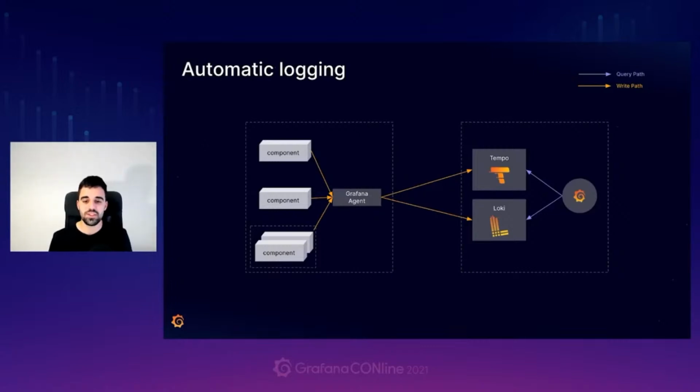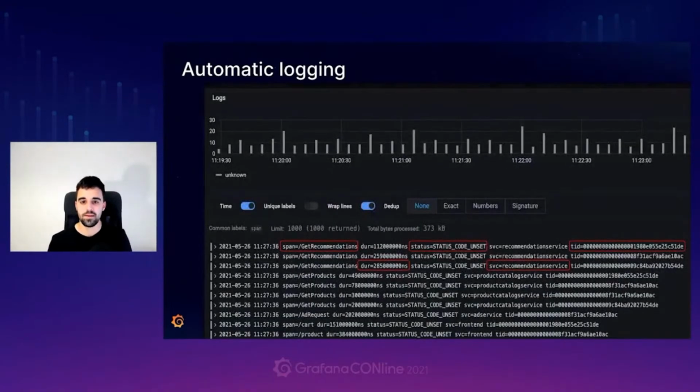But leveraging other tools for trace discovery is not always easy, or it may be more work than you're looking to do. This is why we've made this an out-of-the-box experience that is really easy for you to make use of. We've introduced automatic logging in the agent's tracing pipeline.